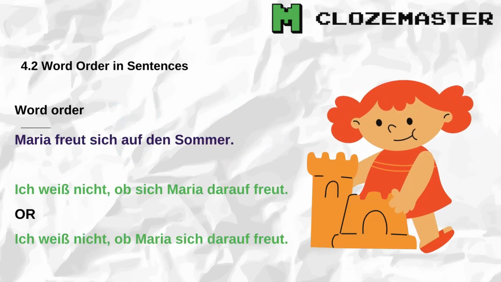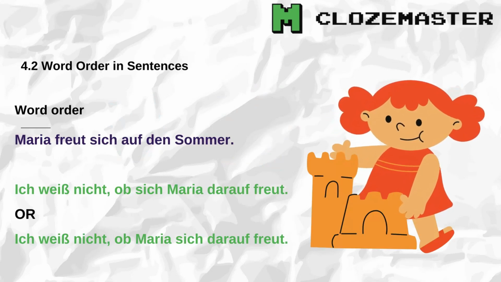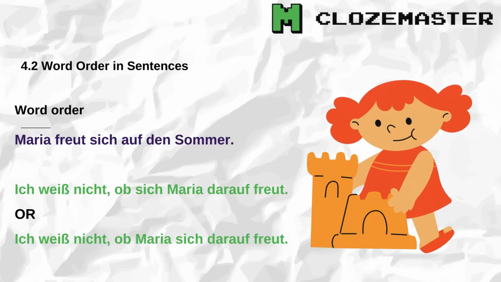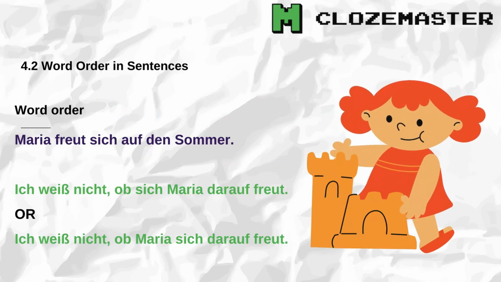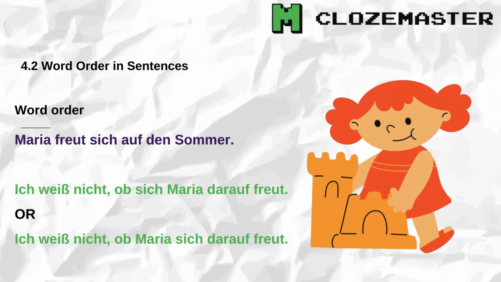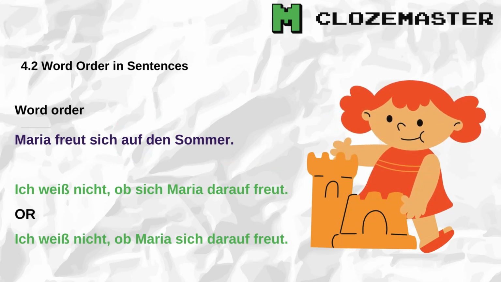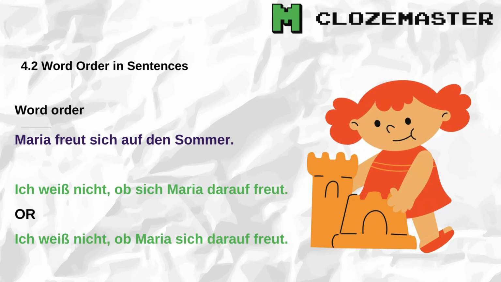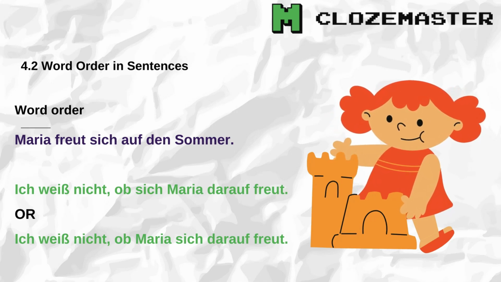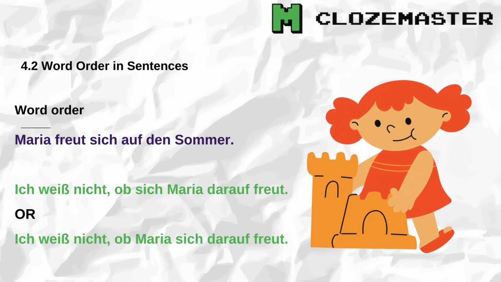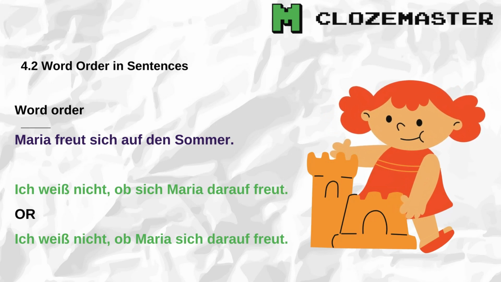Third tip, let's talk about word order. In main clauses or Hauptsätze, the reflexive pronoun usually comes right after the verb. Here we have an example sentence. Maria freut sich auf den Sommer. So we have freuen and it's been conjugated, freut, and directly thereafter comes our reflexive pronoun.